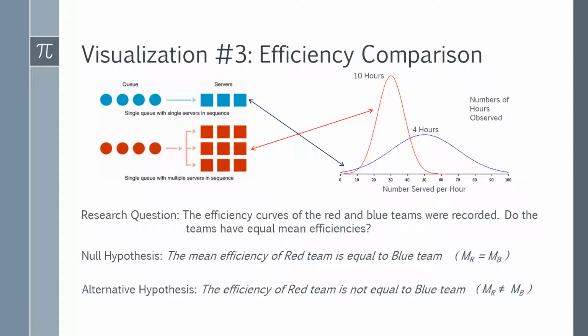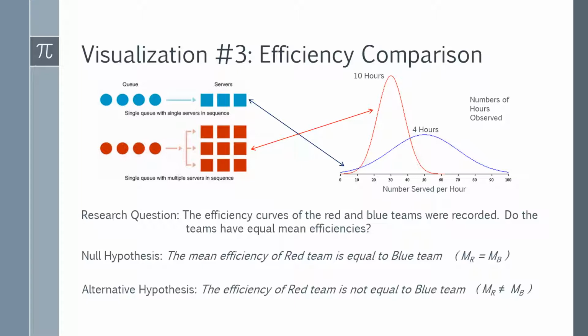Next, we'll be looking at efficiency comparison. So our research question in this example is, the efficiency curves of the red and blue teams were recorded. Do the teams have equal mean efficiencies?